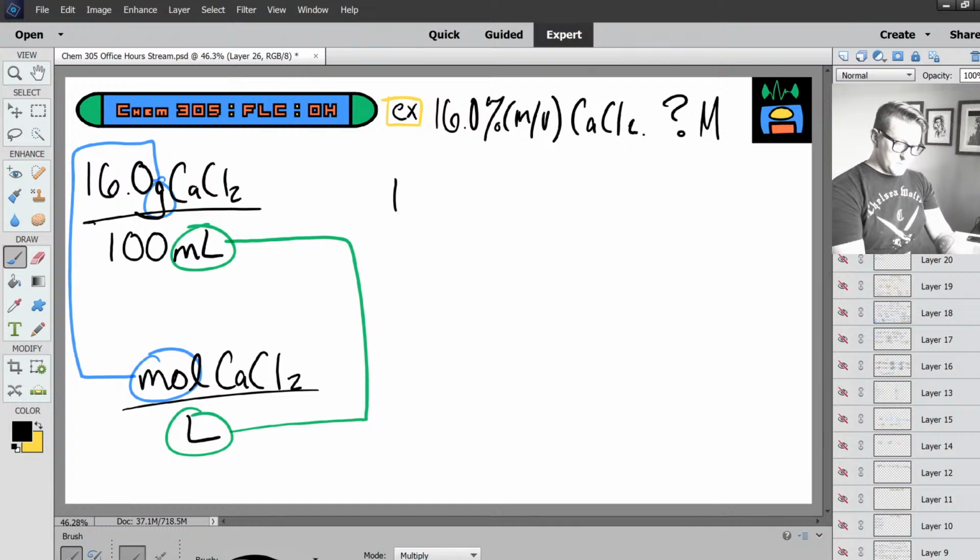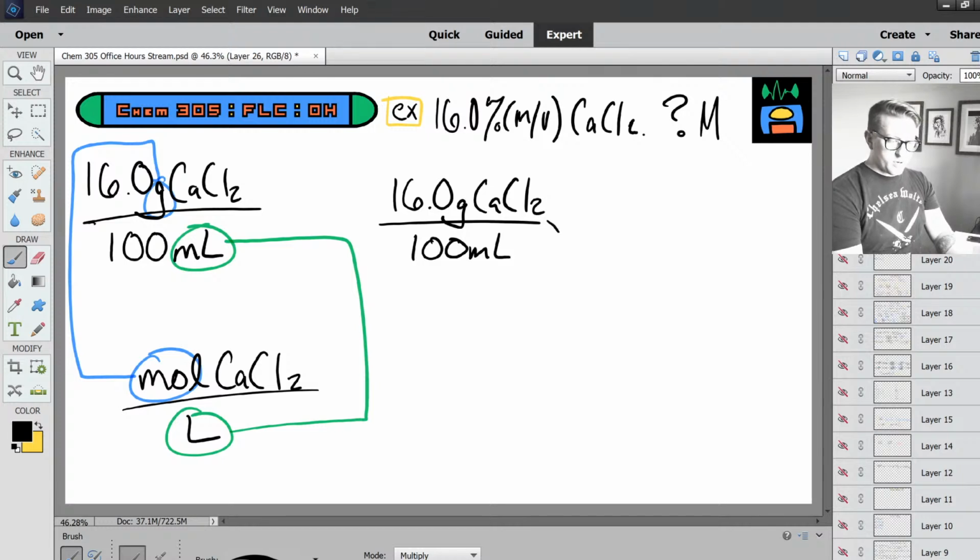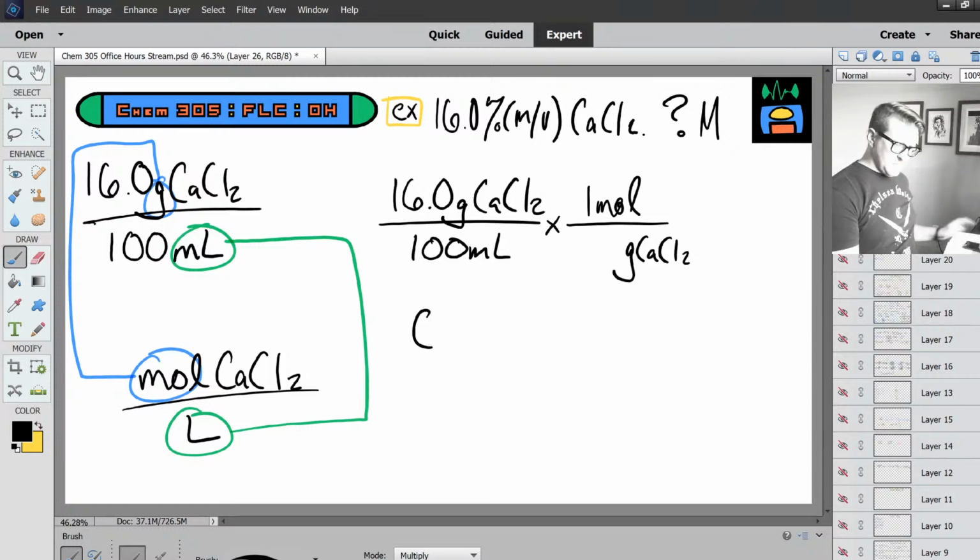So setting this up, we can convert our numerator from grams to moles using the molecular mass of calcium. All right, calcium has an atomic mass of 40 point something, 40.08.